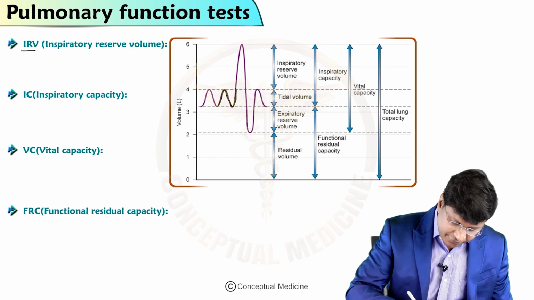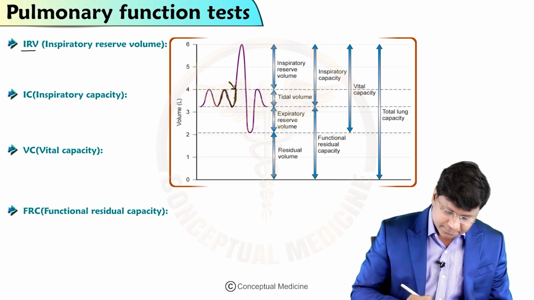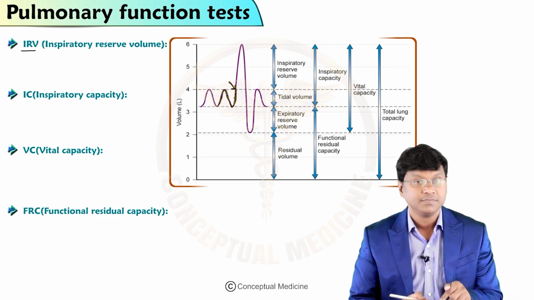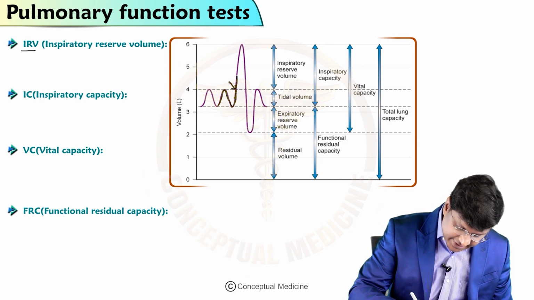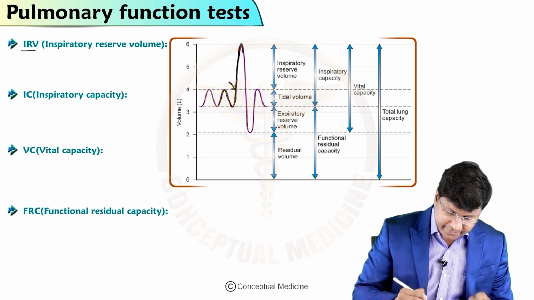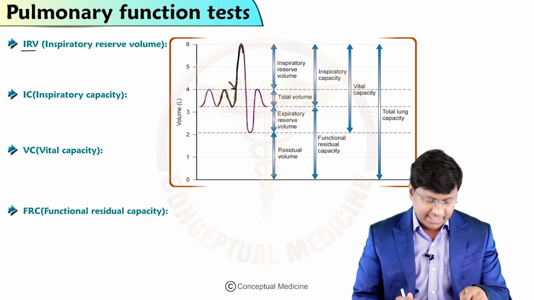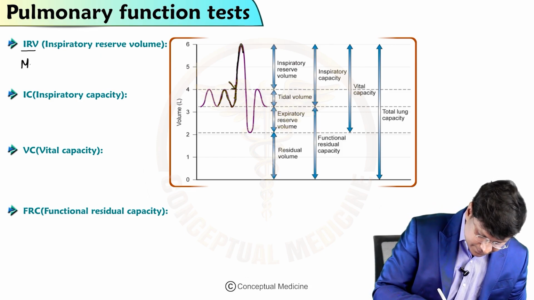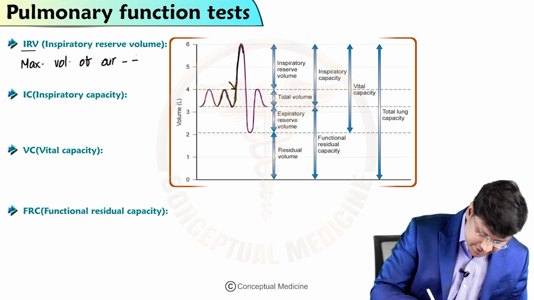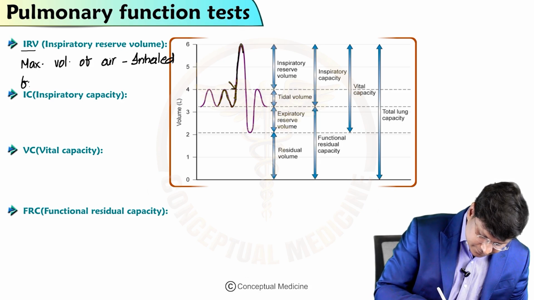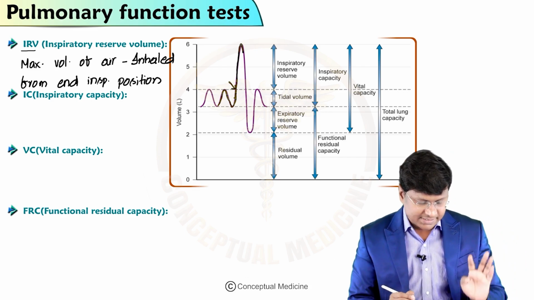So, from end inspiratory position, the volume of air that can be inhaled maximally, that is what is called as the inspiratory reserve volume.